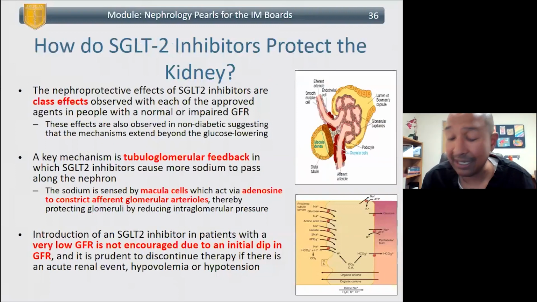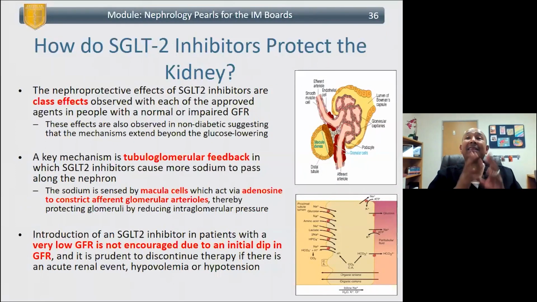So how do these SGLT2 inhibitors really protect the kidney? The key thing is always going to be talking about something called tubuloglomerular feedback. All these sodium glucose transport 2 inhibitors will help the kidney. It's going to be a class effect. When we talk about tubuloglomerular feedback, what does it mean?